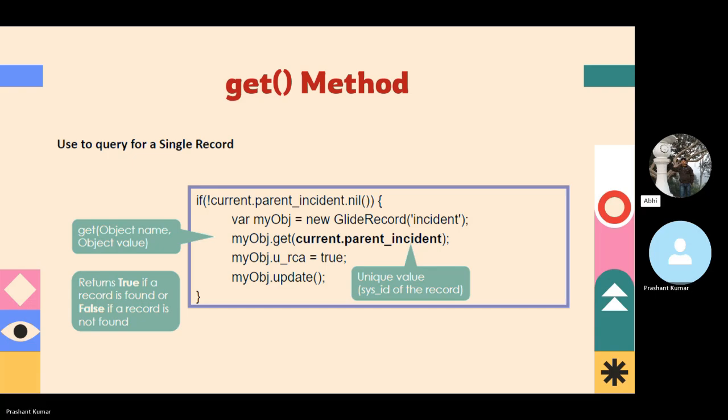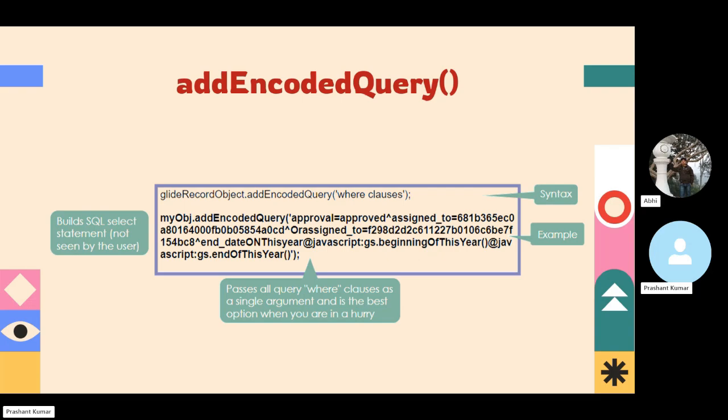Add encoded query. Encoded query is a very interesting one. I will show you what encoded query means. Suppose we have a filter condition under our incident problem, right? Using that, we can copy the query and add it directly under encoded query.